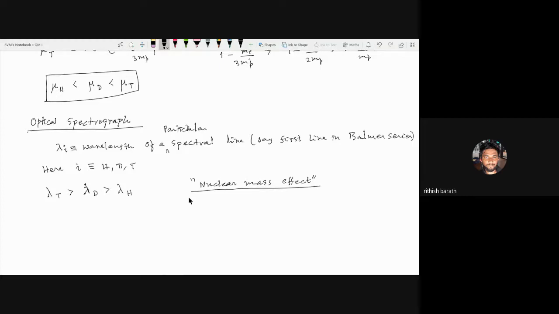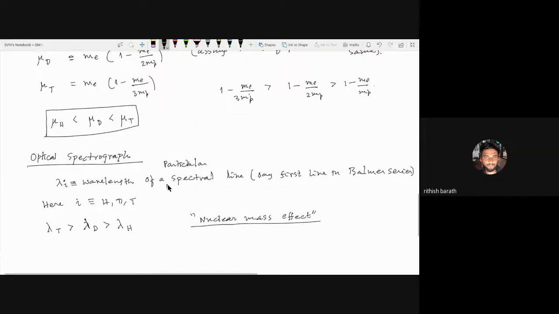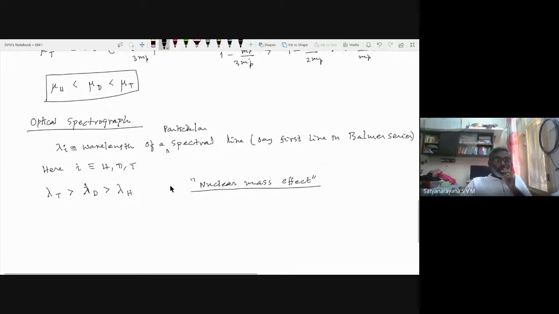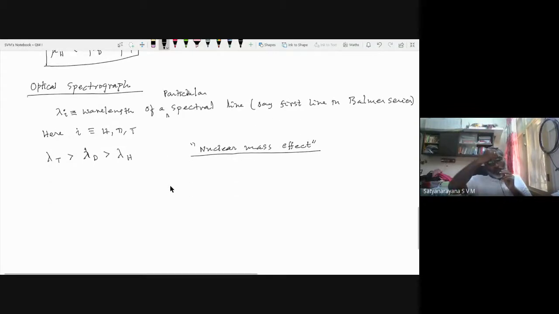Now there is another system which is slightly better in terms of observing this, though it is very difficult to do an optical spectrograph experiment, and that system is called muonium. Okay, so muonium is something like this. Just like electron, you have something called muon.